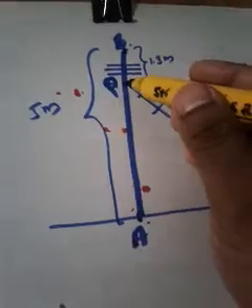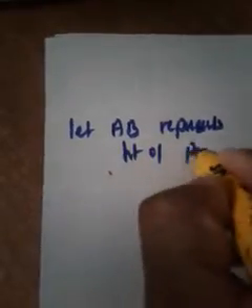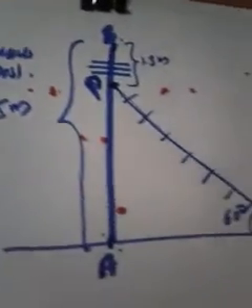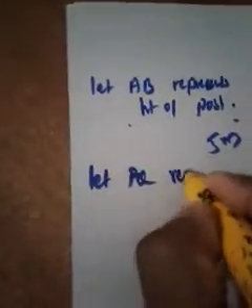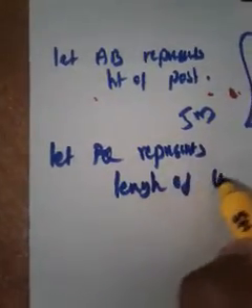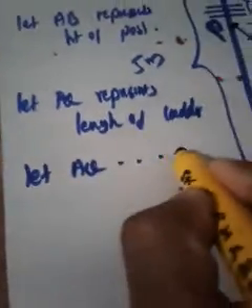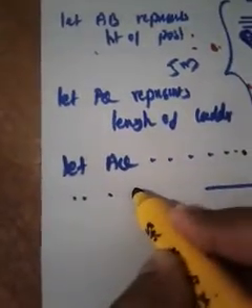Let AB represent the height of the post, and let PQ represent the length of the ladder, that you have to write anywhere. Then let AQ represent the distance between the foot of the post and the ladder.